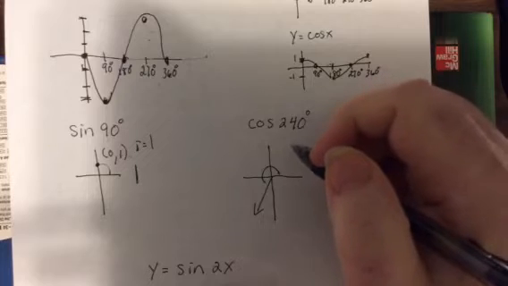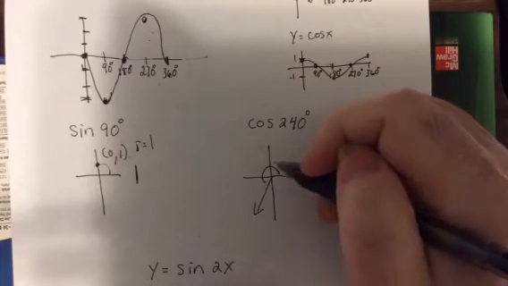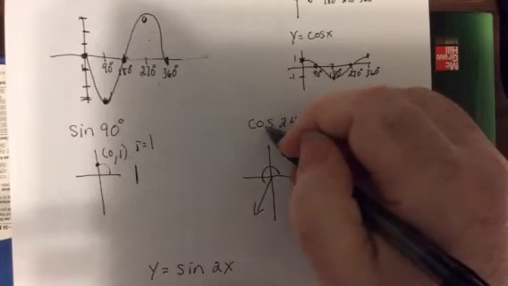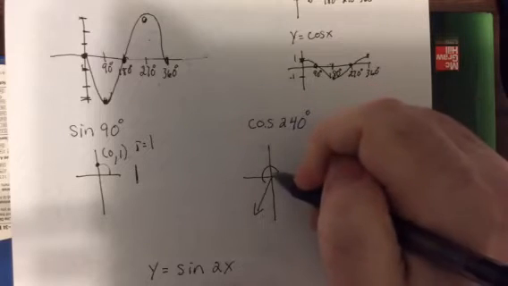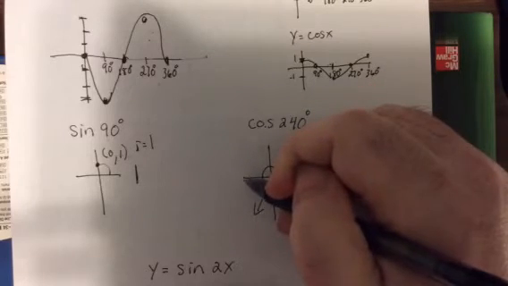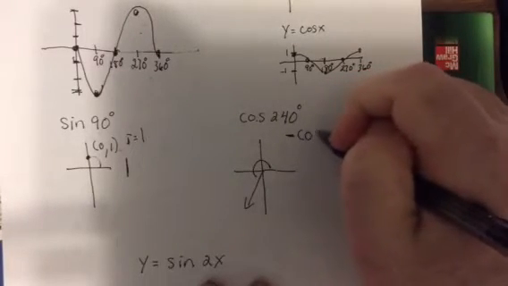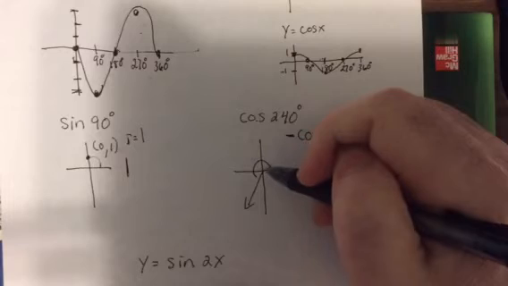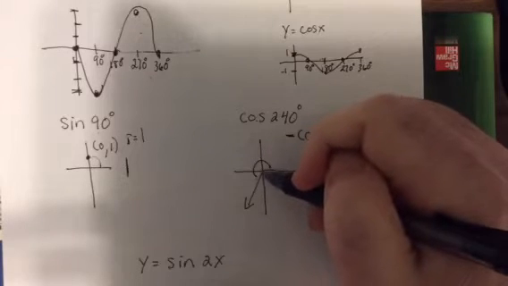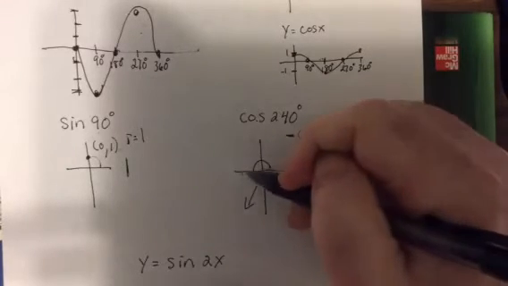Now first we have to determine, is it positive or is it negative? Well, cosine's x over r, r is always positive. This x is negative, so negative divided by positive means cosine is going to be negative. And the reference angle is always made with the terminal side and closest x-axis.